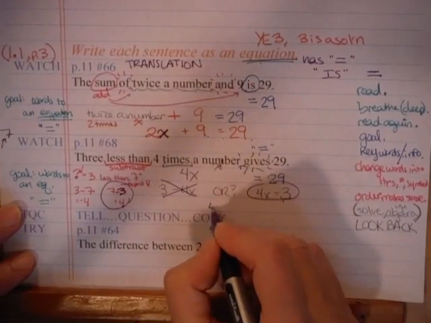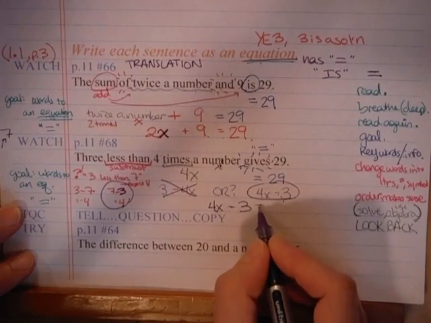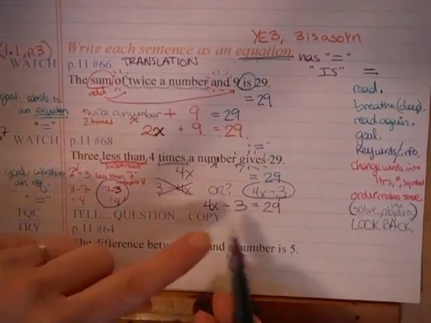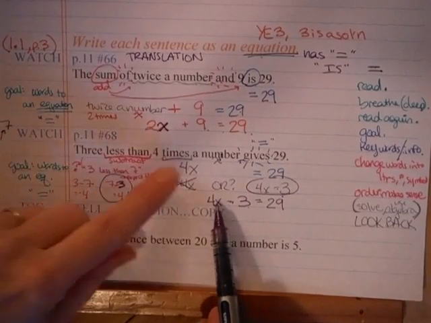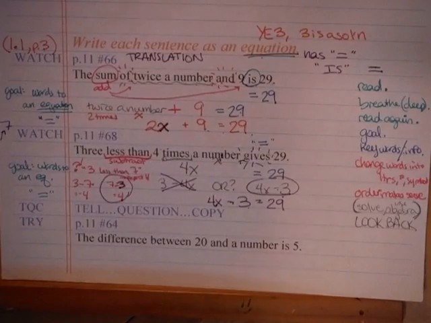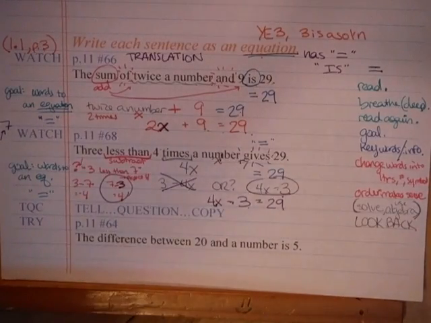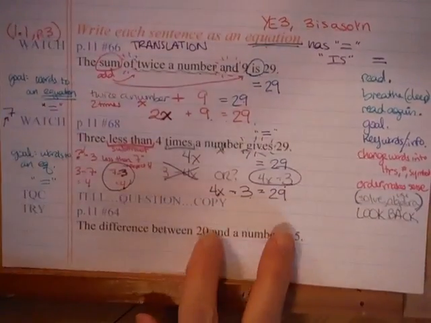Okay, so it's 3 less than 4 times a number gives 29. And again, as I look back on it, it makes sense. Very much like when you start learning Spanish and you get to the point where you add adjectives into your vocabulary, you learn that it's just the opposite of English.